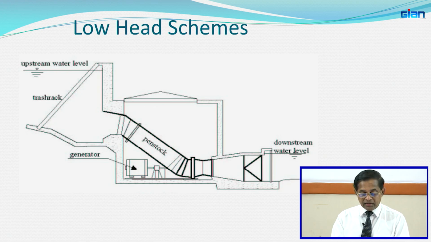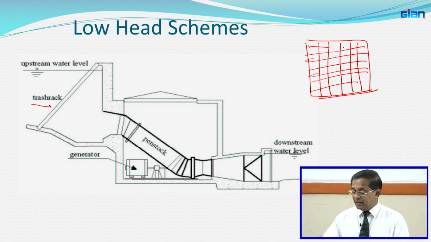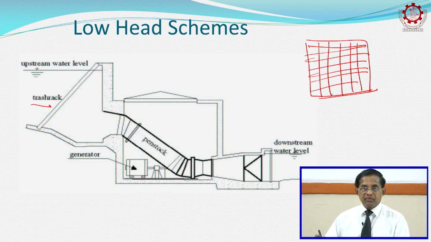So you need a trash rack. Here's a trash rack, right. So trash rack is a mesh, and the mesh size depends upon the particular turbine. So if something is going in, it should be able to go out, without blocking. So that is the criteria. We will look at the criteria of designing this later, but anyway, it is a mesh.